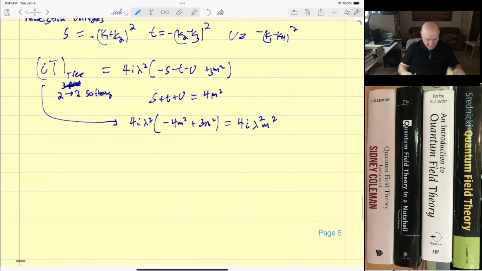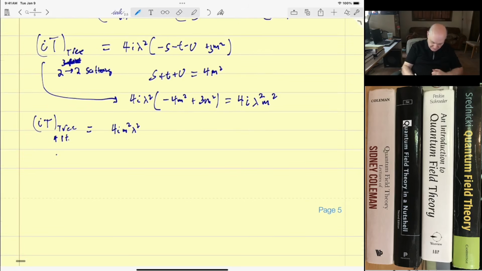And then if we go back, what we calculated a minute or two ago, remember the iT tree 4 point. This was just equal to 4I m squared lambda squared.